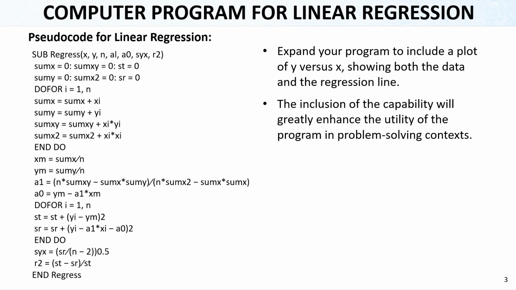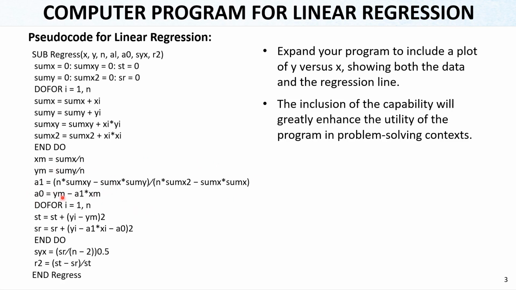We can implement the linear regression using least squares as a computer program, and you can see the pseudocode here for linear regression, which is a regress function. As you can see, it has x data, y data, number of data, and some parameters here, and we are summing x's and y's and also computing the mean values, and a1 is calculated by this formula, as you remember, and a0 is calculated by this.